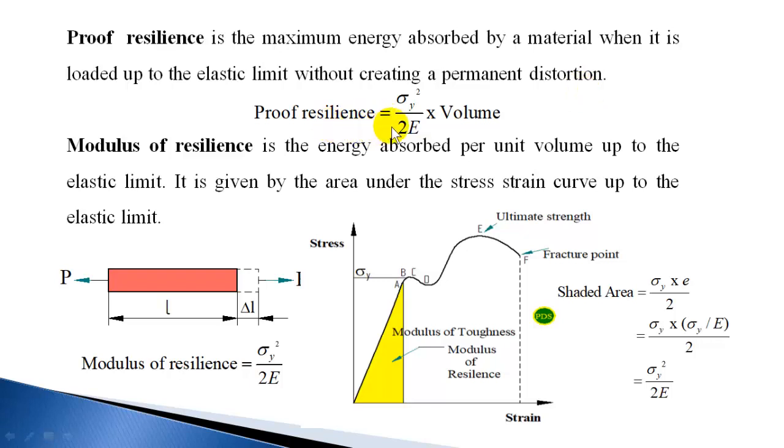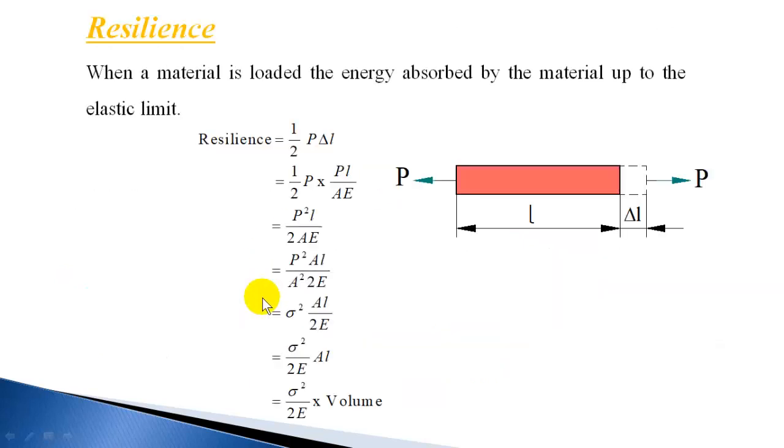So for proof resilience you can use sigma square by 2E into volume, but you have to substitute the yield stress, elastic limit and yield point. Usually the stress is taken as the yield stress. So proof resilience is sigma y square by 2E into volume. If you substitute sigma y, the yield stress, that will give the proof resilience or maximum energy that can be absorbed.